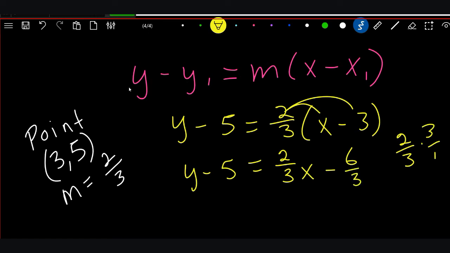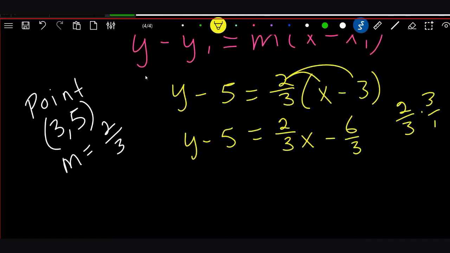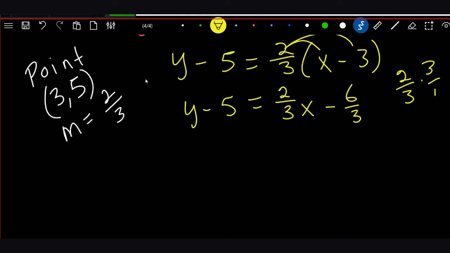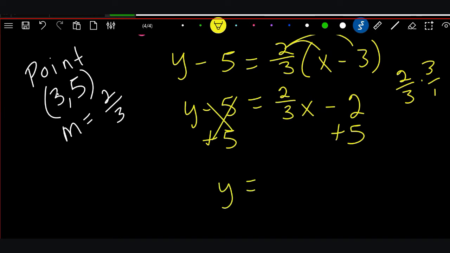Now you can reduce that if you want. That's probably going to help you. So we divide that out, we're going to get 2. And then we are going to add our 5 to both sides, and that's going to cancel, and we're going to get y equals 2/3 x plus 3.